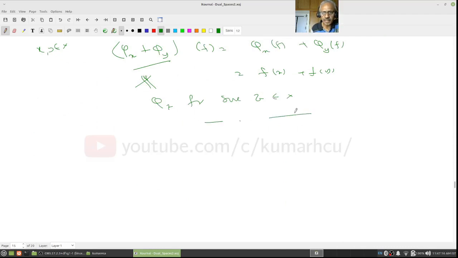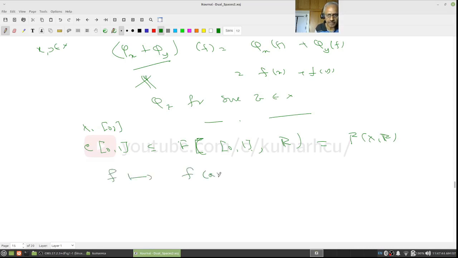And we put an extra condition. Suppose I look at all continuous functions on [0, 1]. So my X is [0, 1] and this is part of all functions from the space [0, 1] to R, that is F(X, R). Therefore, I have defined a linear functional f going to f at some a, where a is in [0, 1].